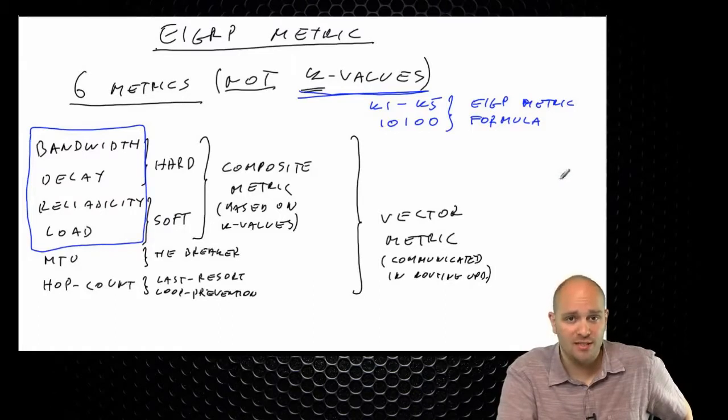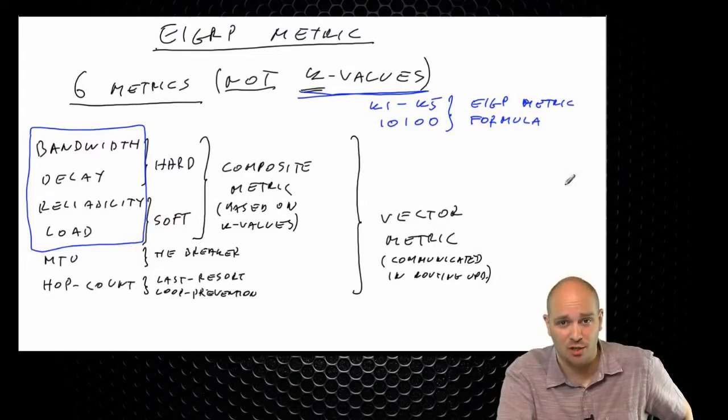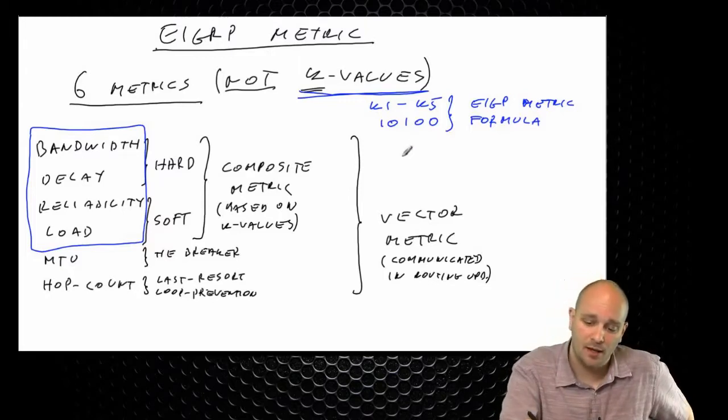So you can go to the Cisco documentation, navigate to IOS, navigate to any version of the IOS, go to the command references. In the command references, find IP routing protocols. In IP routing protocols, choose EIGRP and find the command reference for the command that is called metric weights.